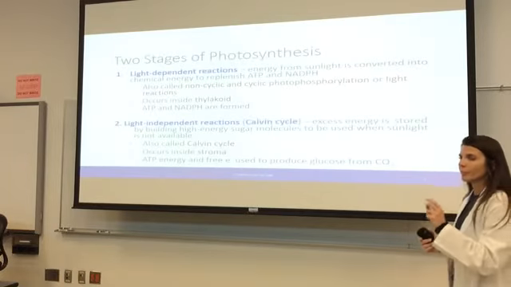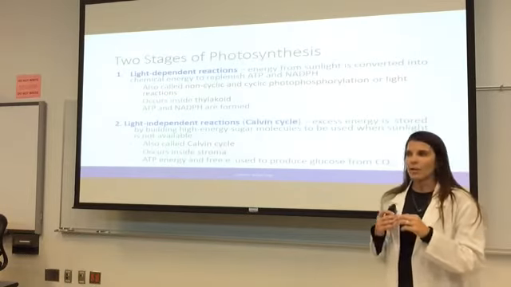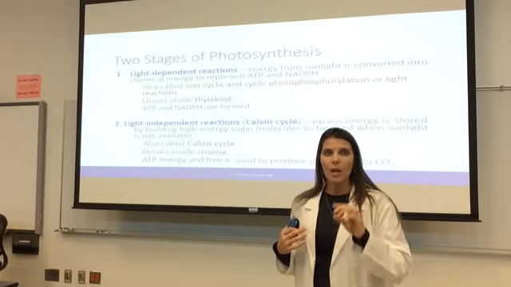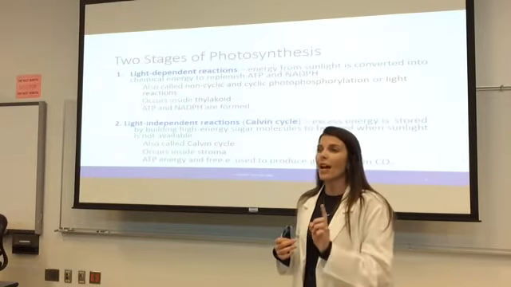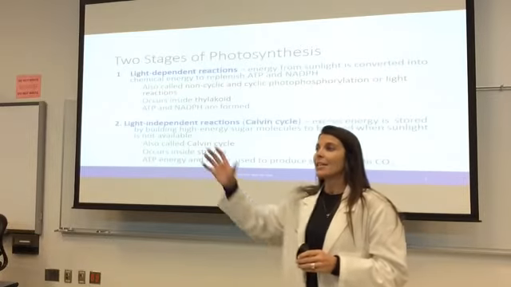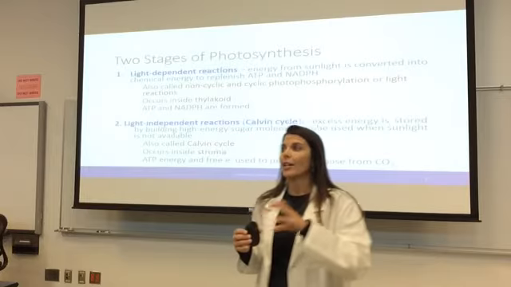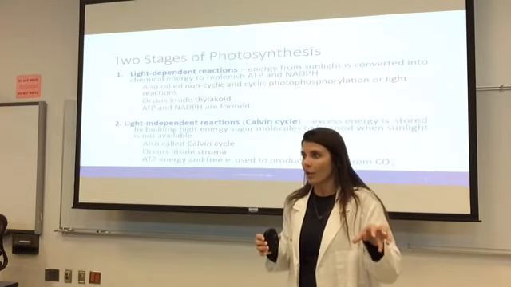Big picture, because it's all about the big picture when you start to study and you start to get confused. The light-dependent reactions, big picture, take photons, which is light energy, and turn it into ATP, which is chemical energy.